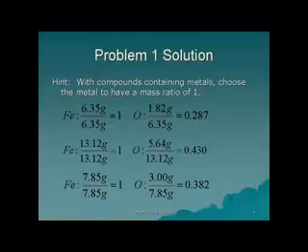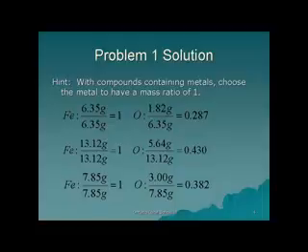So for sample 1, I have my 6.35 grams of iron divided by 6.35 grams of iron, so I get 1 for the iron. The oxygen is 1.82 grams of oxygen divided by the 6.35 grams, which gives me 0.287. So in sample 1, for every 1 gram of iron, I have 0.287 grams of oxygen.